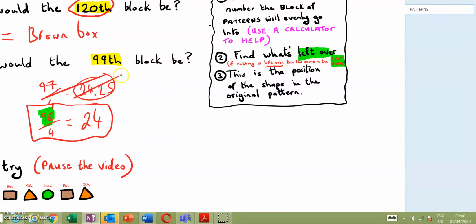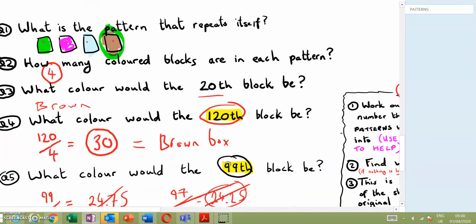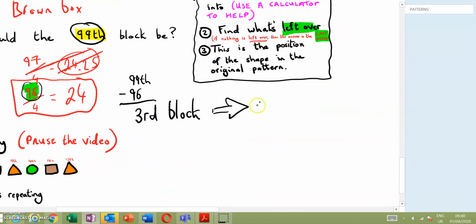So, I was asked for the 99th block. Take away those 96 blocks that we got here. We're left with 3. So my answer will be the 3rd block in the pattern. What's the 3rd block in the pattern? It's a blue block.